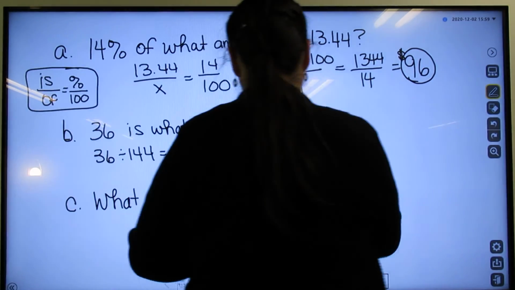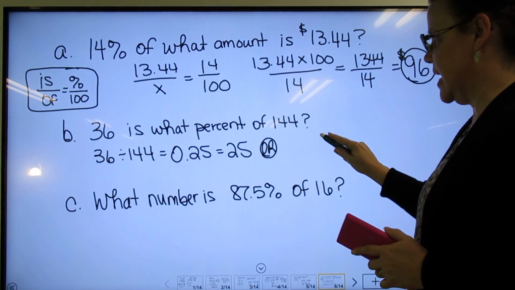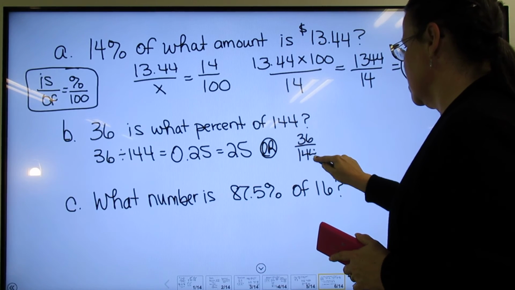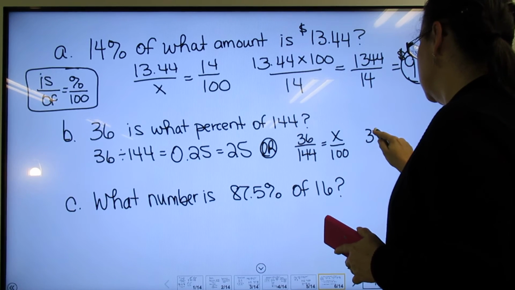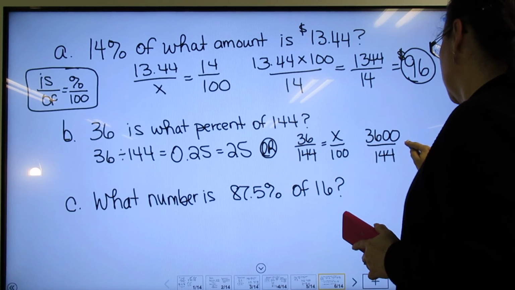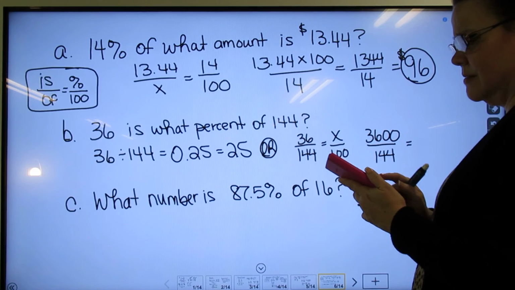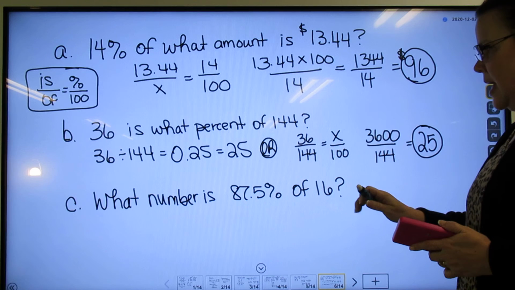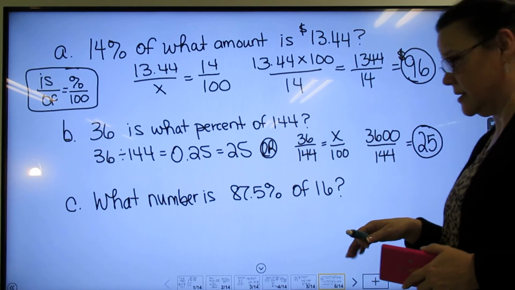And then if you wanted to do it with the is over the of, the percent, then you would do 36 over 144 equals x over 100. It's 3600 over 144, and I believe you would get 25. And boom. Okay?